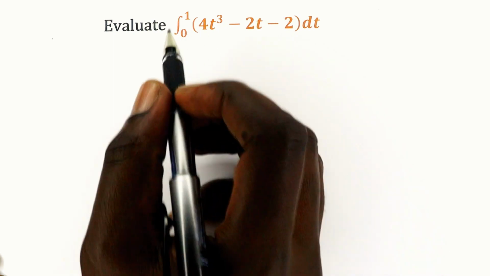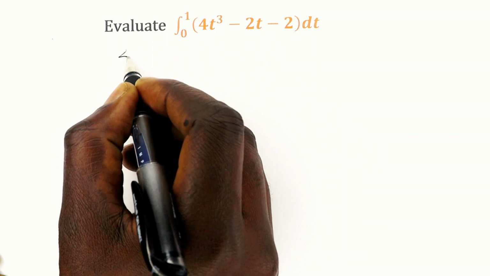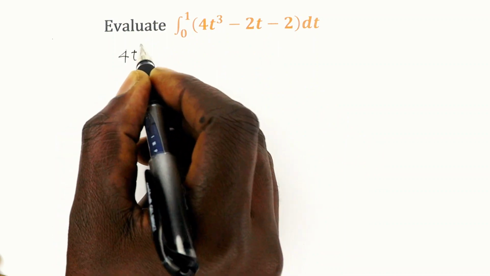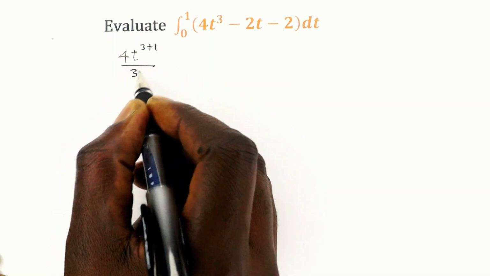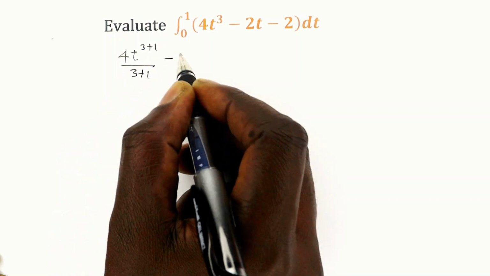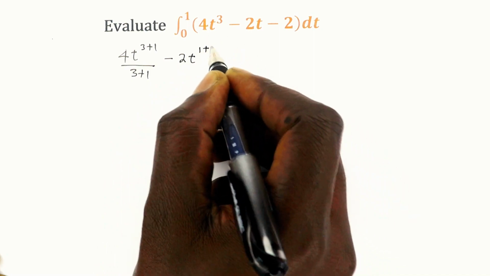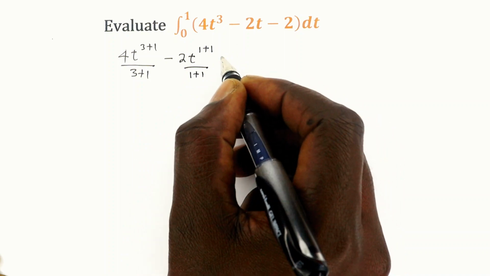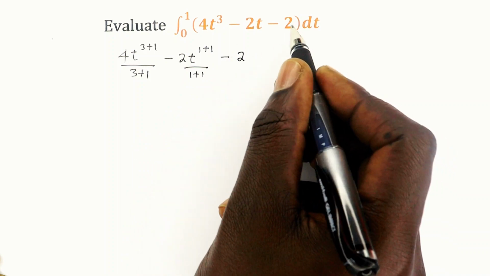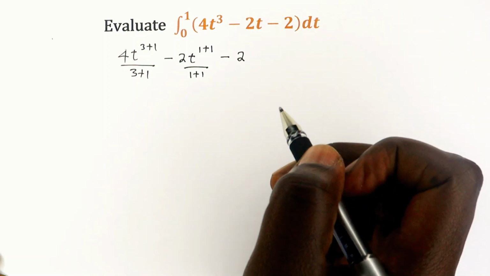If you integrate this, you're going to have 4t raised to power 3, increase the power by 1, divide by the new power, minus 2t raised to power 1, increase the power by 1, then divide by that new power, minus, you can write 2 as 2t raised to power 0, because any number raised to power 0 is 1.